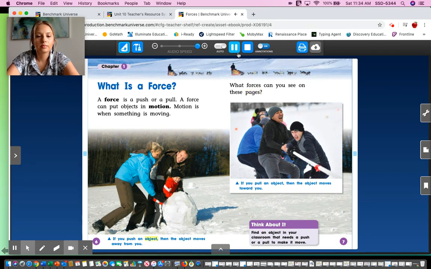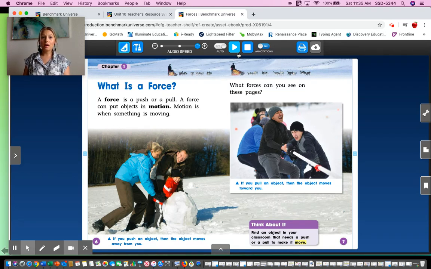If you push an object, then the object moves away from you. If you pull an object, then the object moves toward you. Think about it. Find an object in your classroom that needs a push or a pull to make it move. Okay, so we're not in the classroom, but I want you to, wherever you're sitting, look around. Is there anything that you can move by pushing or pulling it?